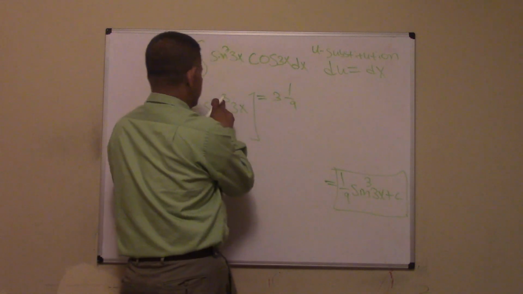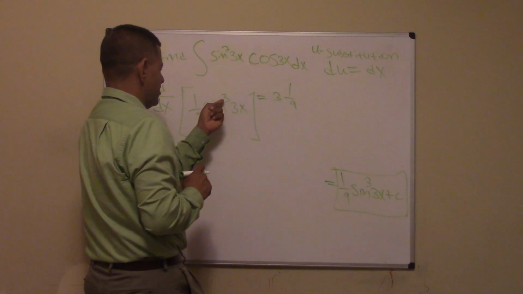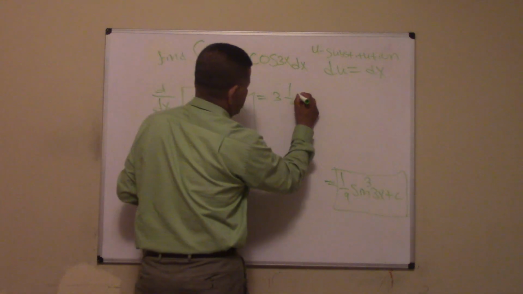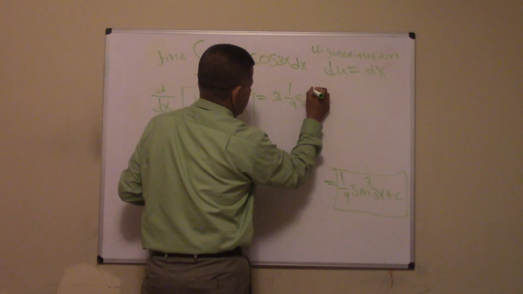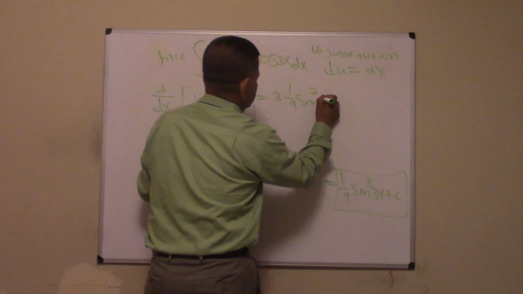Then I subtract 1 from the exponent, which gives sine squared 3x.